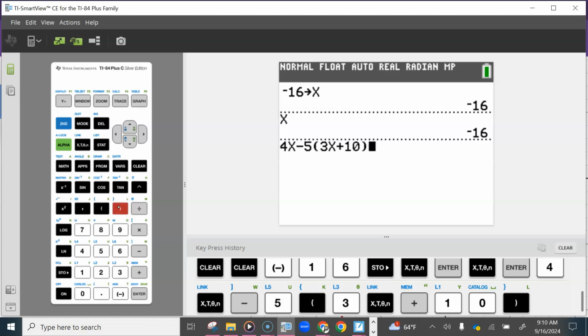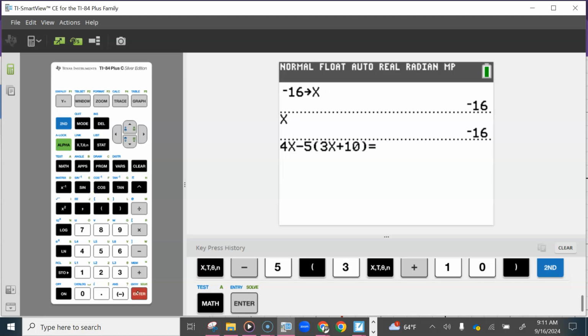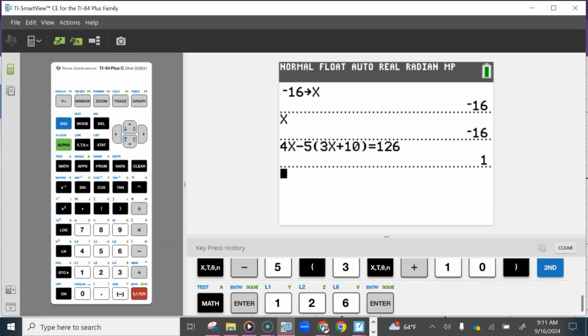Anything in blue, you want to hit second first. So second math. Get the equals by hitting enter, and it's going to speak to you in calculator. 1, good. You did that right. That is the right answer.